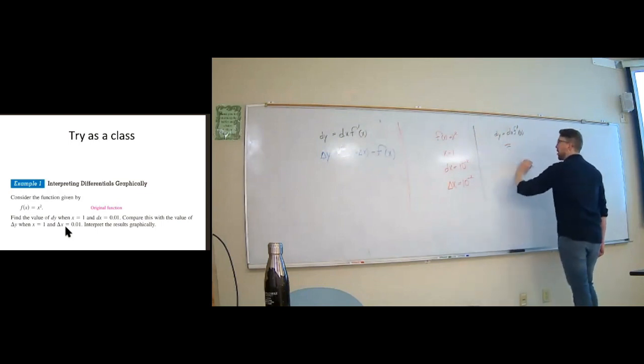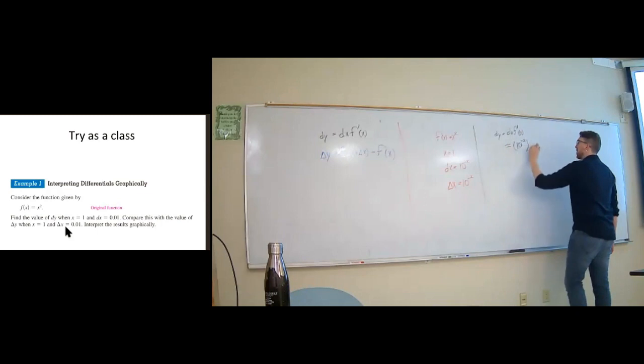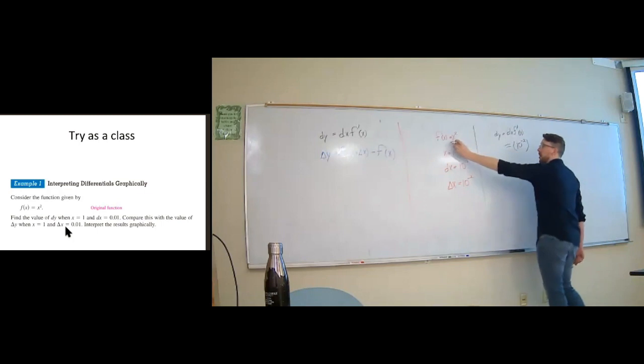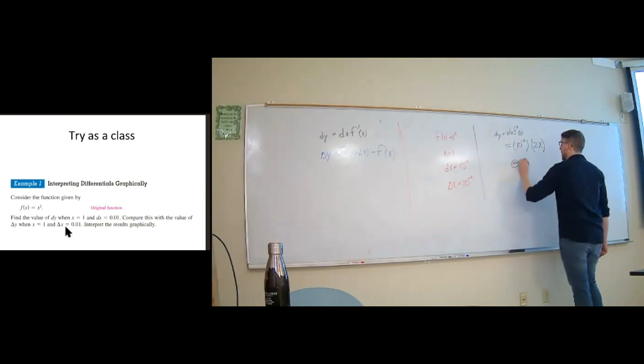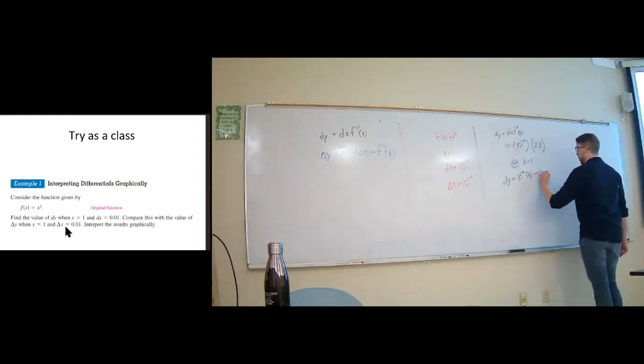Well, this is going to be 10 to the negative second times f prime of x, f of x being x squared, so f prime of x is going to be 2x. And at x equal to 1, we're going to have that dy is equal to 10 to the negative second times 2, or 0.02.